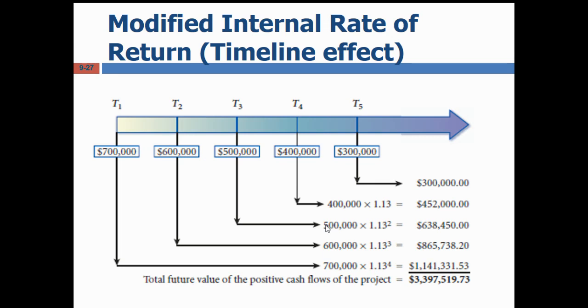So this is an illustration, to talk about what is terminal value. Assume a project. This is the cash flow that you earn for the next 5 years. The cash flow you receive in year one, T1, is 700,000. You won't just keep the money idle.